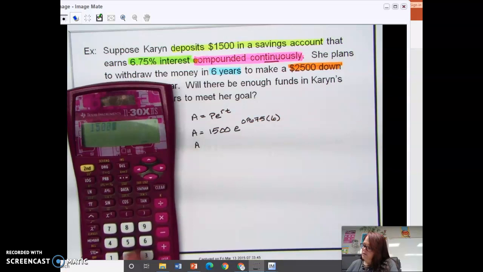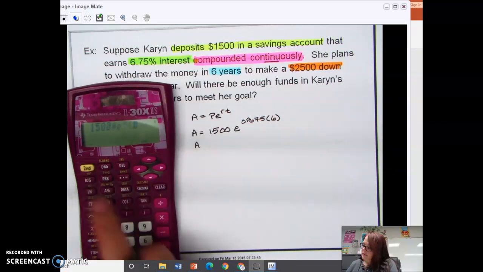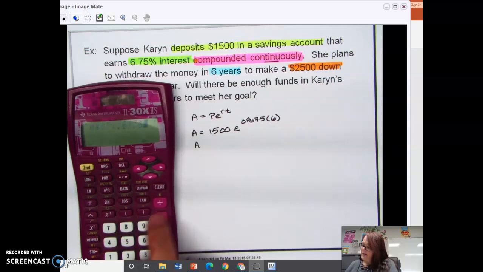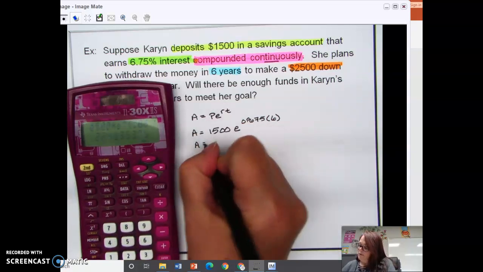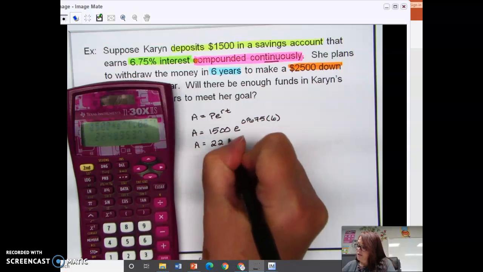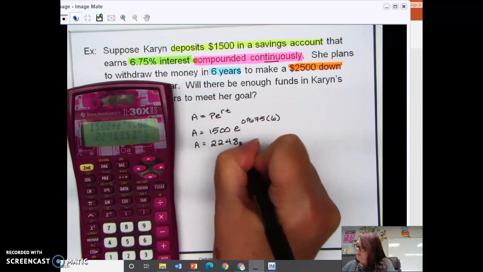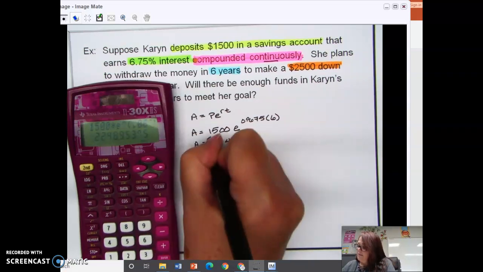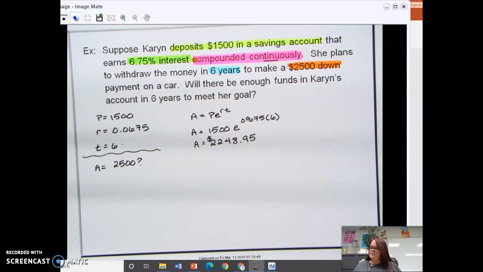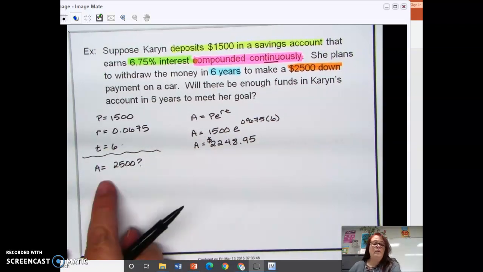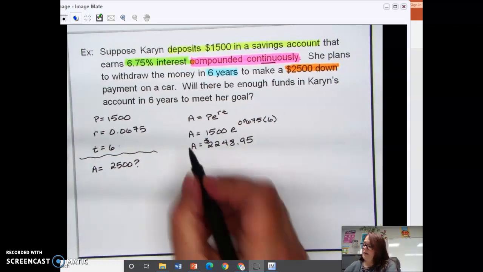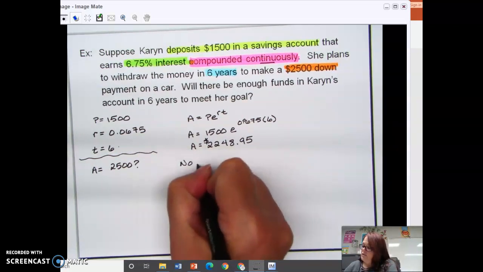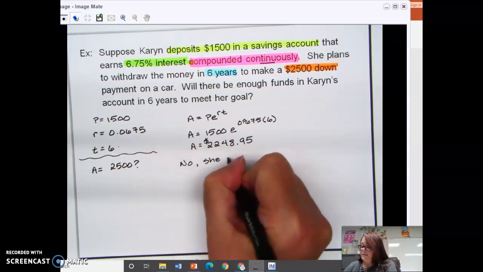So 1,500 times e to the 0.0675 times 6, and then that's going to make a little more sense. So $2,248.95 is how much money she's going to have in the bank. And so notice she's not quite there to the $2,500 mark. And so the answer is no, she will not have enough money for the down payment.